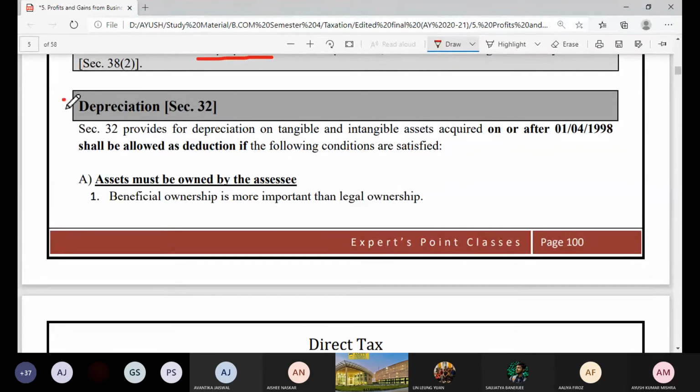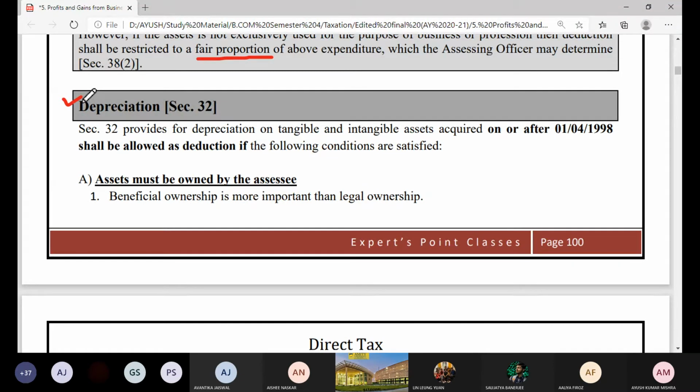The next heading is depreciation, section 32. I think you must have studied depreciation in your previous semesters, and many of you may think yourself to be master in this depreciation part because you have studied this in class 11, again in class 12, and then finally in the first semester.